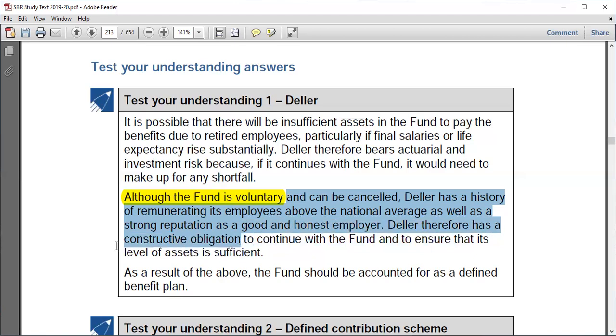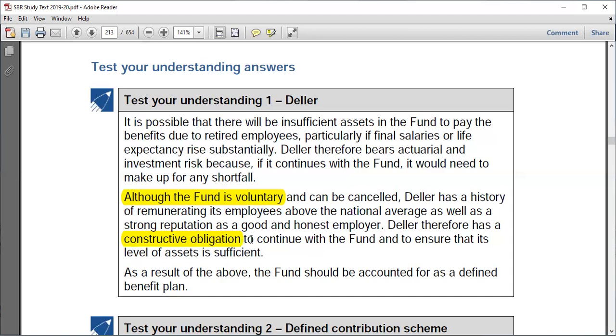I hope you know the difference between legal obligation and constructive obligation, right? If Della finds difficulties, they might say, I cannot pay this, let me just ignore this. But we find out that although not legally bound, for example, this is voluntary, so they can cancel, although there is no legal obligation, still there is a constructive obligation, because just by looking at the general practice, it has raised a valid expectation to the community about Della, right?